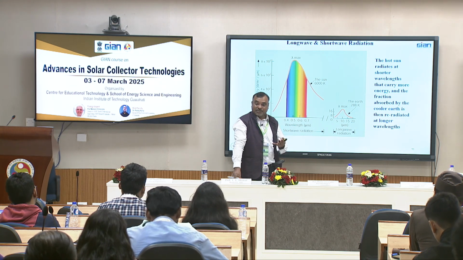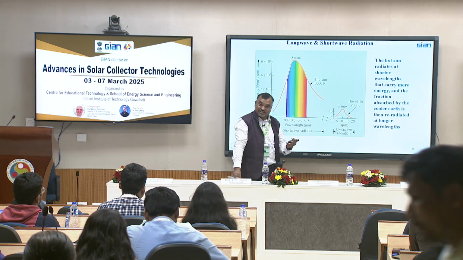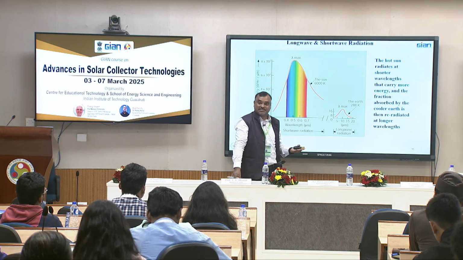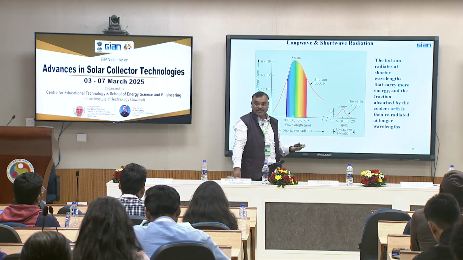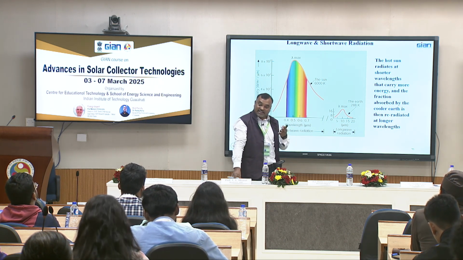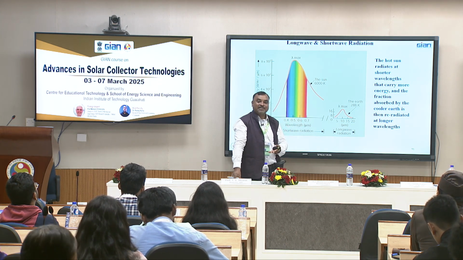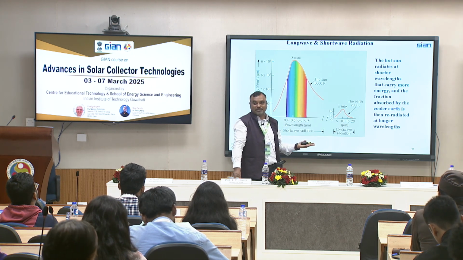Okay. So, if you substitute the solar constant value and try to find the temperature, that temperature is close to actually 6000 Kelvin. Okay. So, if you take that temperature and vary the wavelength, then you can get the similar spectrum. That is how we can consider it as a black body temperature.